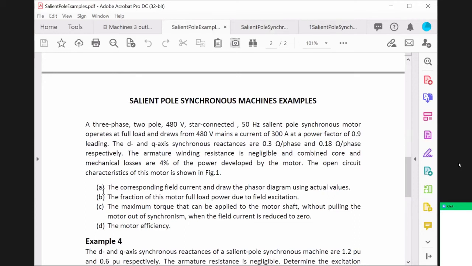Okay, so this is a question that's now looking at the salient pole motor, where our phasor diagram obviously will change to accommodate for motor operation. And so let's go through the steps.